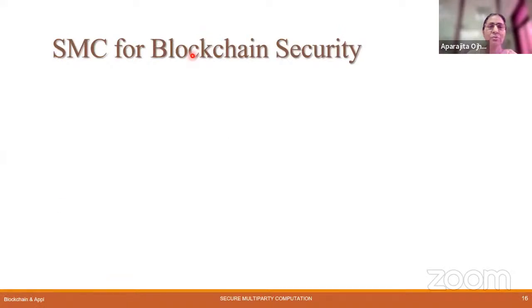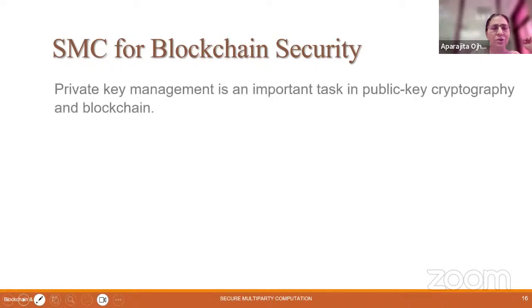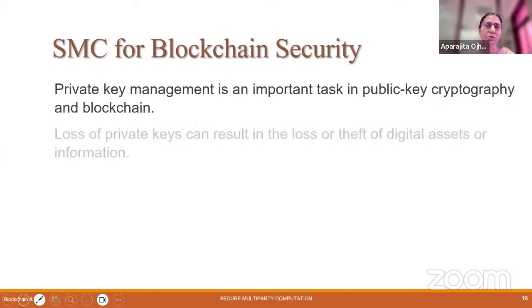Now, how can secure multi-party computation be used for blockchain security? This is something very important. Private key management is a very important task, as I told you in the beginning, that in public key cryptography, if your private key is stolen, everything is stolen.